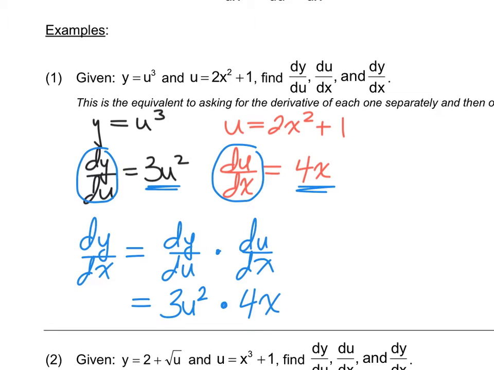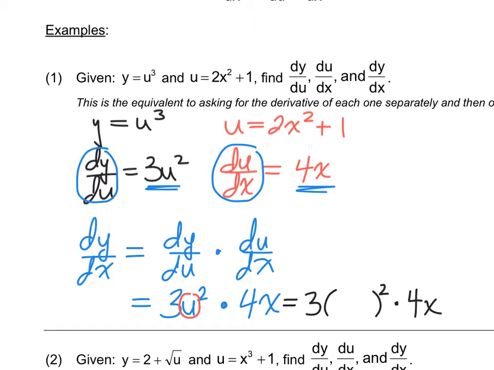So I need to replace that u with some expression that contains an x. What would that expression be? What is the relationship between u and x? 2x squared plus 1, exactly.